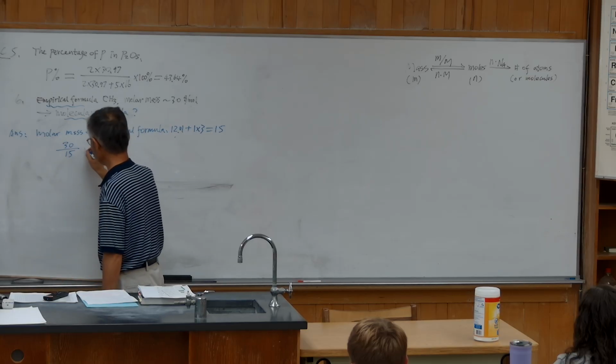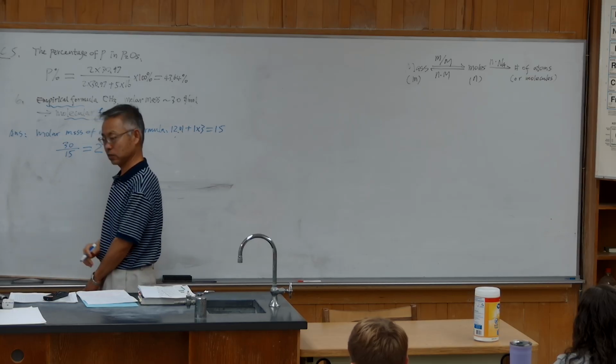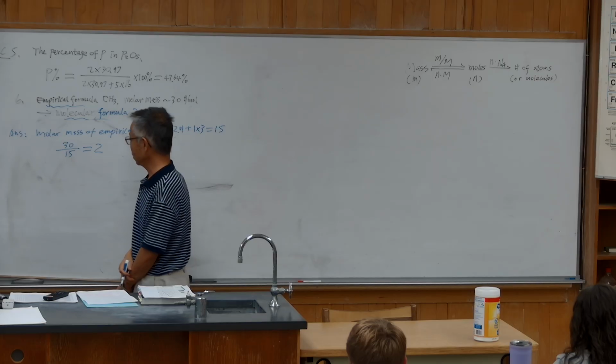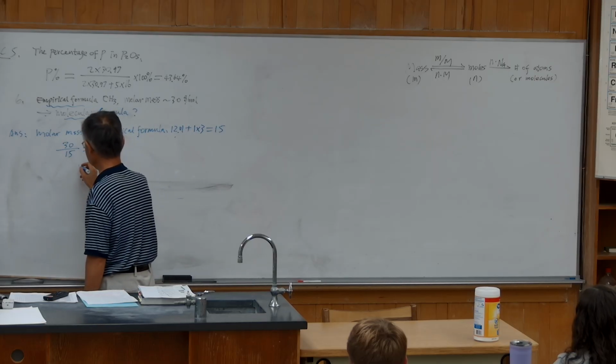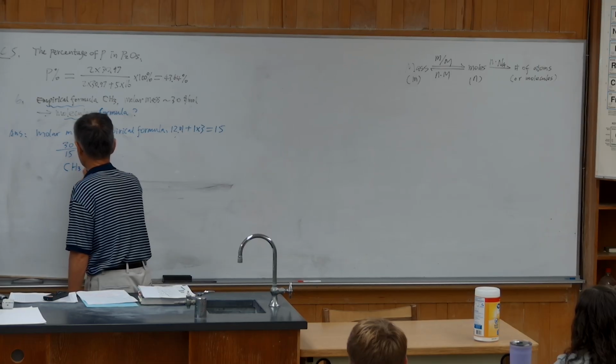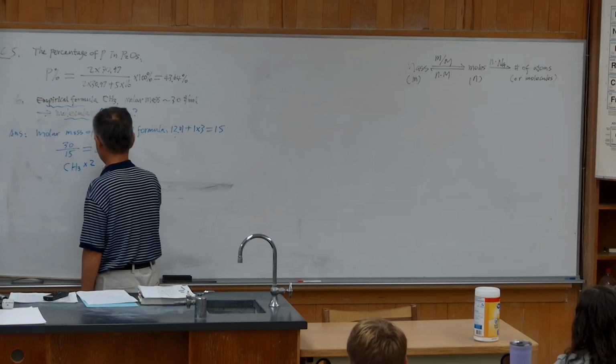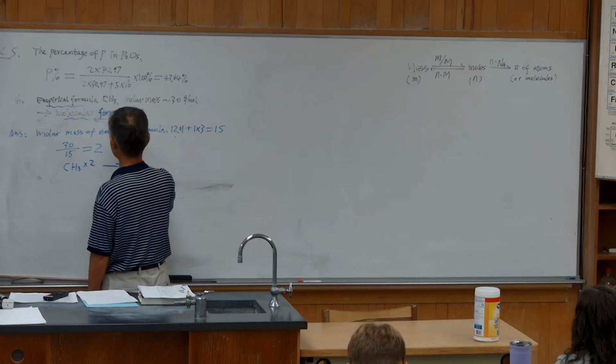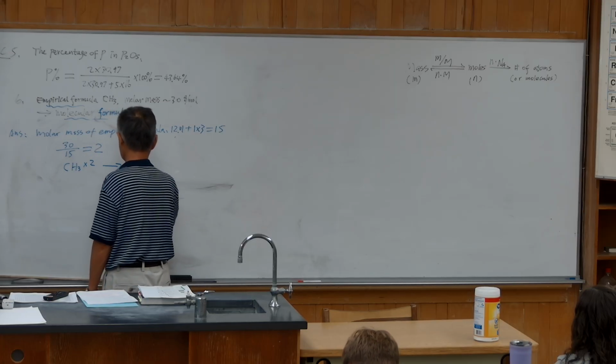Compare them, very clear, the whole number is 2, right? That means the molecular formula is the empirical formula times 2. Empirical formula CH3 times 2 gives C2H6.